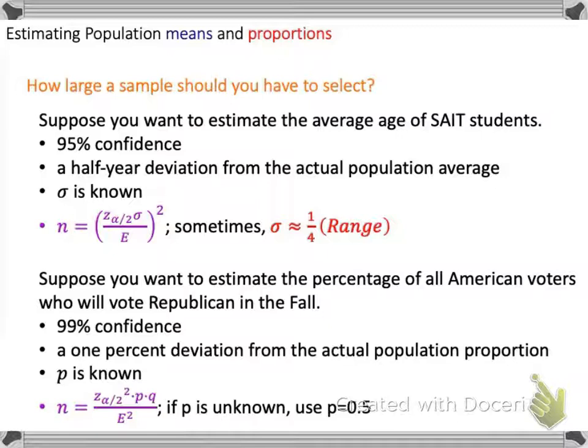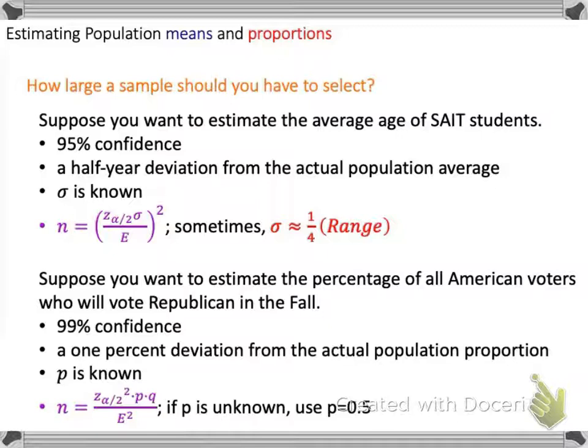For example, suppose you wanted to estimate the average age of students with a 95% level of confidence, and you want the difference between the actual population average and the sample average that you're going to get to be half a year. The difference between the actual population parameter and the sample statistic you're using, you want that to be half a year, and you know sigma, the population standard deviation.